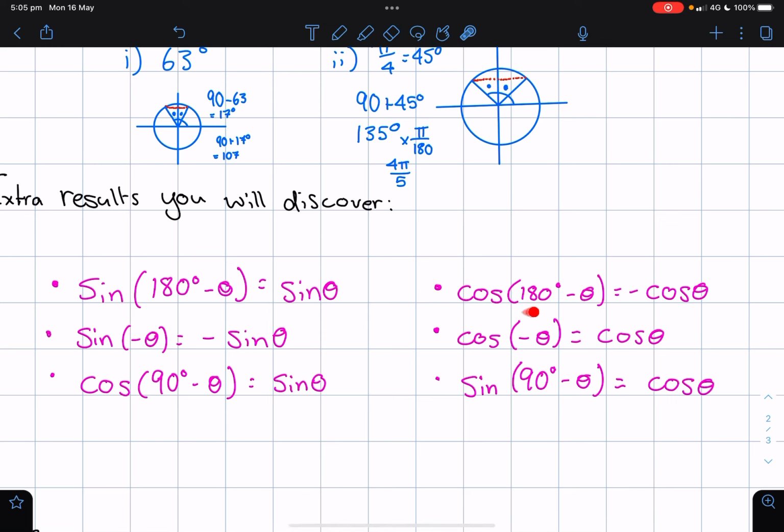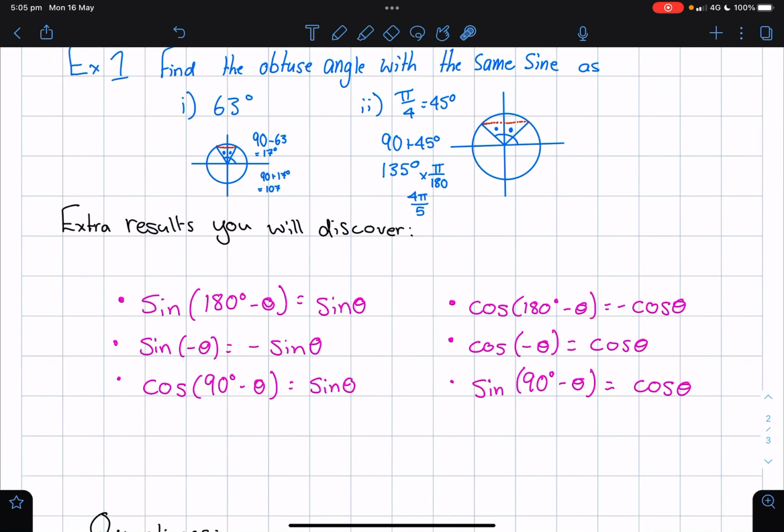Cosine of 180 degrees take theta equals negative cosine theta. Cosine of negative theta actually equals cosine theta. And then sine of 90 take theta is equal to cosine of theta. So hopefully all of these properties you'll be able to use to answer the next few questions throughout the chapter.